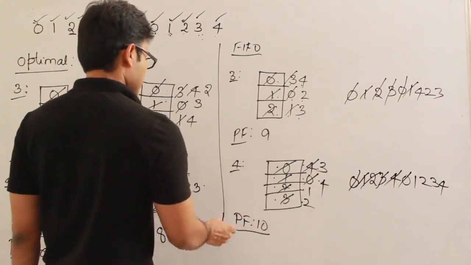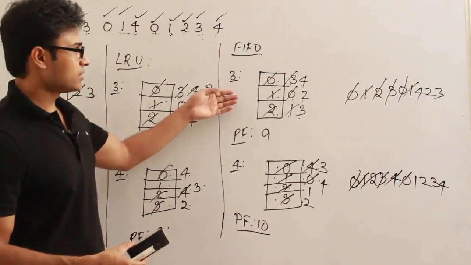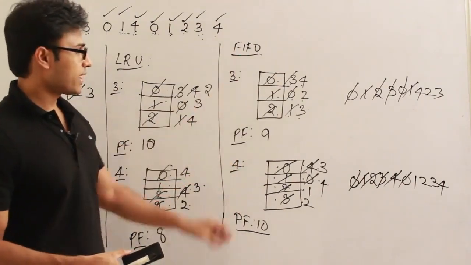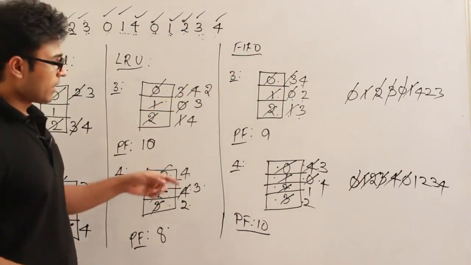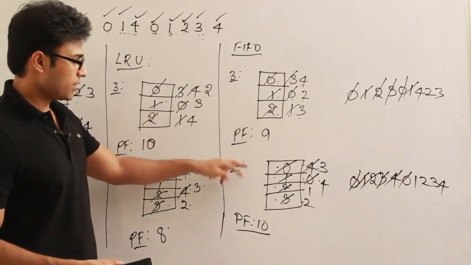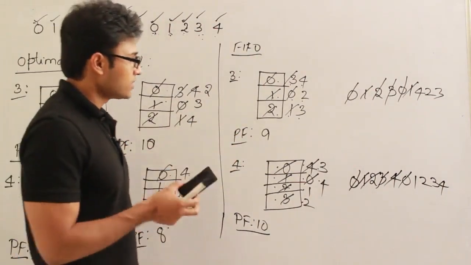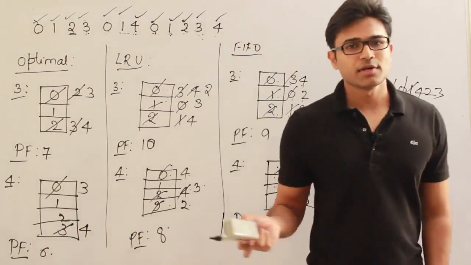Are you watching it? See, now what happened? I thought that by increasing the number of frames, the number of page faults will reduce, but FIFO is actually doing something other than that. So in case of FIFO, if I am increasing the number of frames, the page faults are increasing. For this particular example it happened, and it doesn't mean that for every example it will happen.